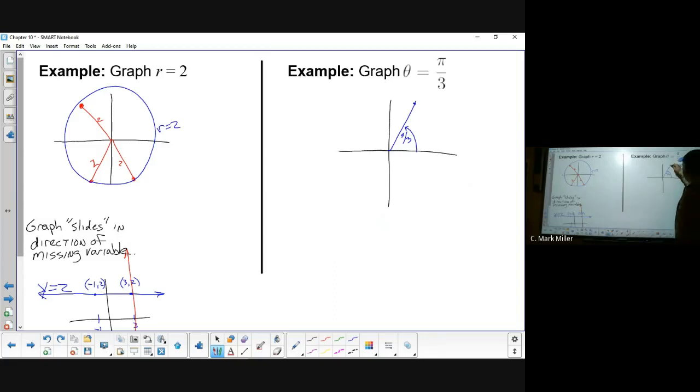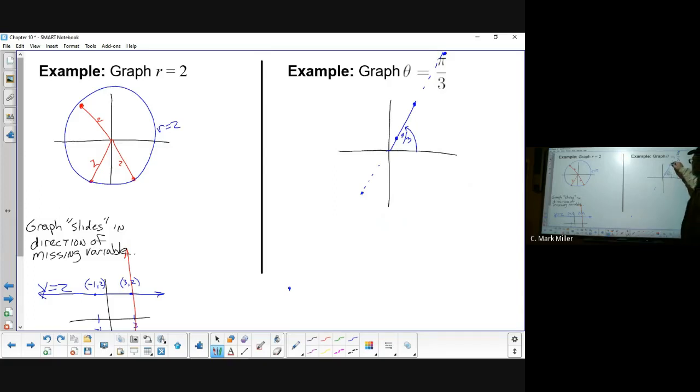So that point will be on the graph. This point here is on the graph. This point way up here is on the graph. This point down here is on the graph. That would be a negative radius, right? This point way down here is on the graph. Any radius, so radius can go from minus infinity to infinity. It slides in the direction of the missing variable.